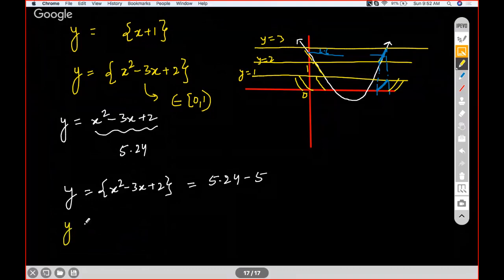How would we draw the graph of, let's say the same thing, where x has been replaced with the fractional part of x? So here y equals x squared minus 3x plus 2, and x has been replaced by the fractional part of x.